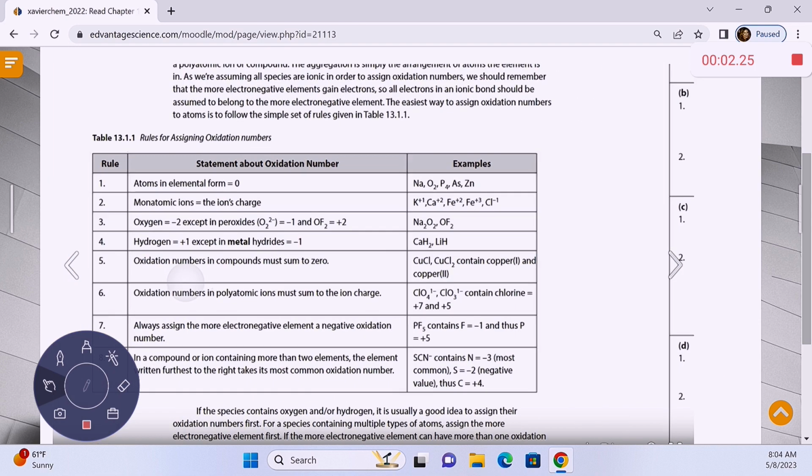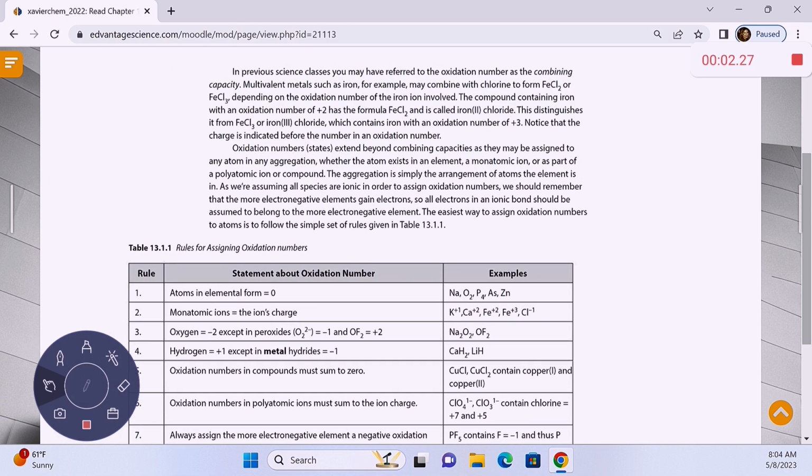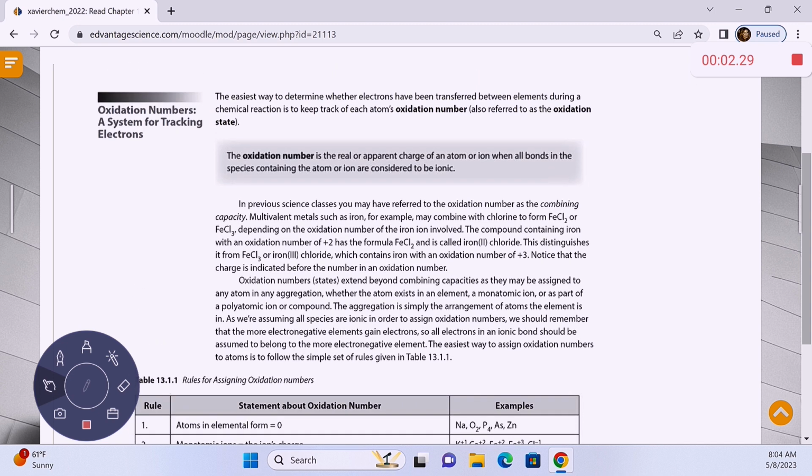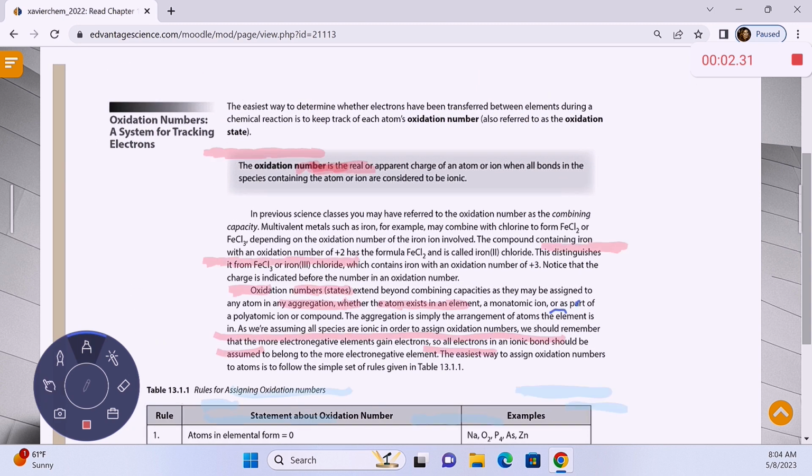The way that we keep track of electrons being transferred in between reactants is by using something called an oxidation number. Okay, oxidation numbers are also called oxidation states.